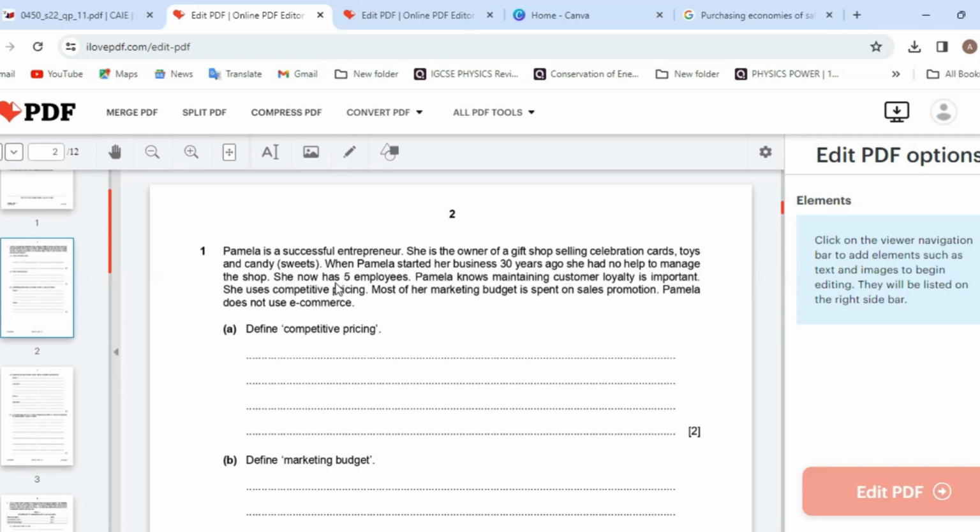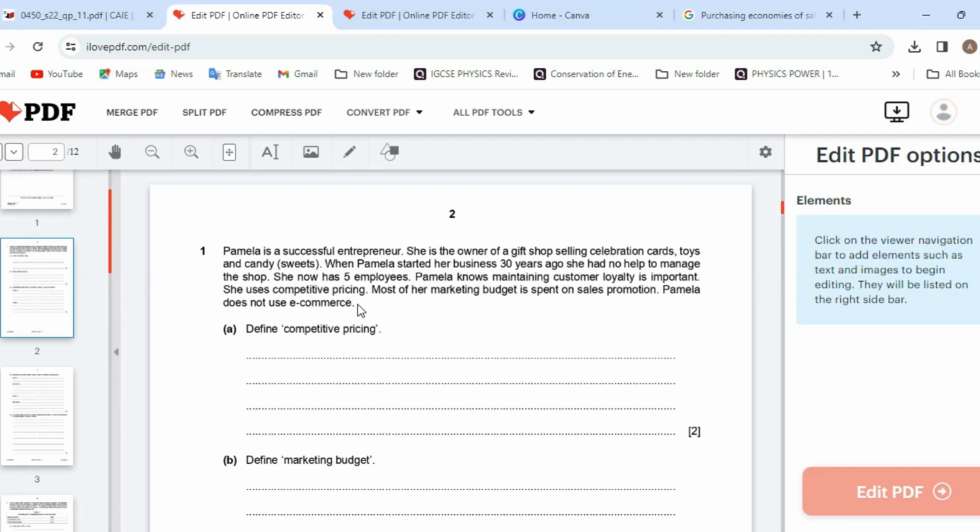She now has 5 employees. Pamela knows maintaining customer loyalty is important. She uses competitive pricing. Most of her marketing budget is spent on sales promotion. Pamela does not use e-commerce.